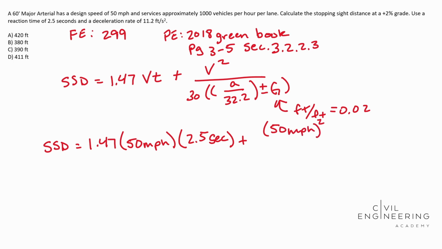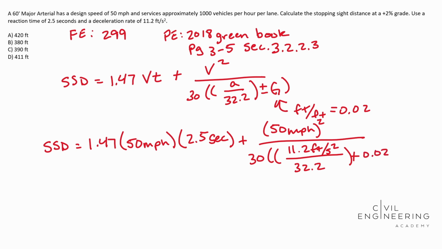We need to square that and put that over 30 times our deceleration rate, which is 11.2 feet per second squared. Then we're going to put that over 32.2. And then we need to add our grade. Since it's a positive grade, we add it, 0.02. I'm going to redraw that plus sign.